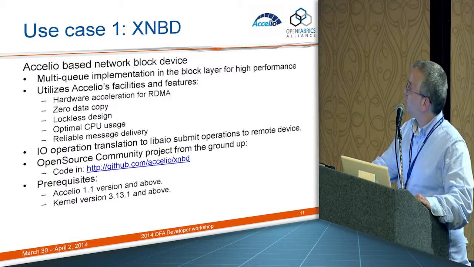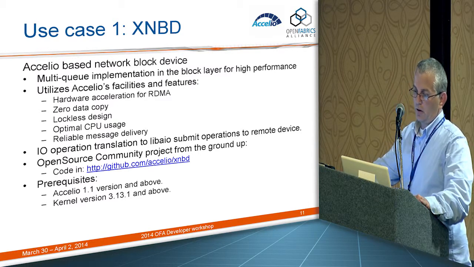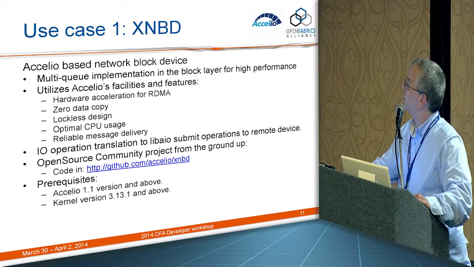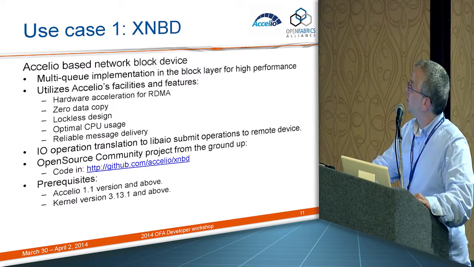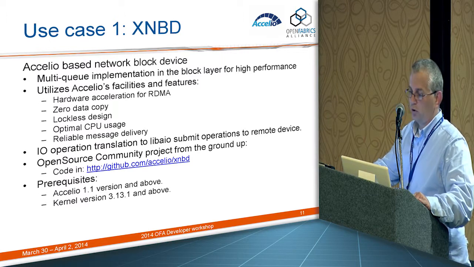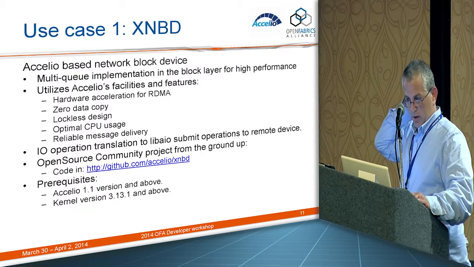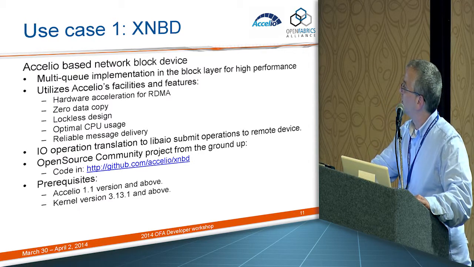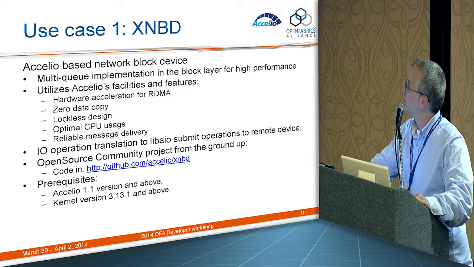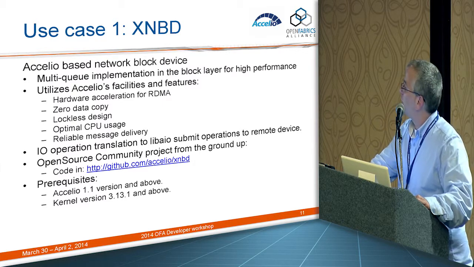So let's talk about some use cases. On the kernel side of Accelio, the first use case is a kernel-side use case. We wrote the Accelio accelerated network block device. Accelio has features that help provide facilities to this block device. The first thing about this block device is that it has a multi-queuing implementation in the block layer for high performance.